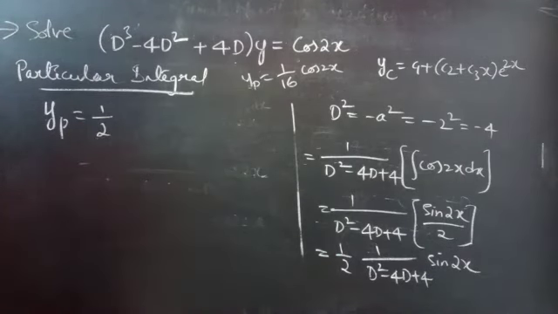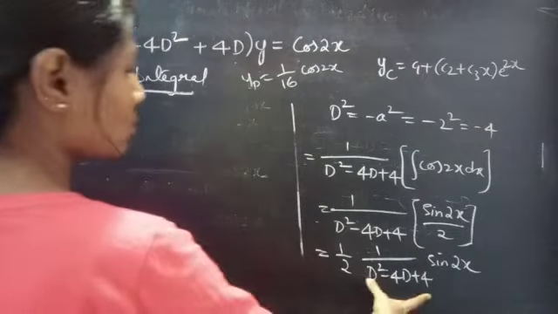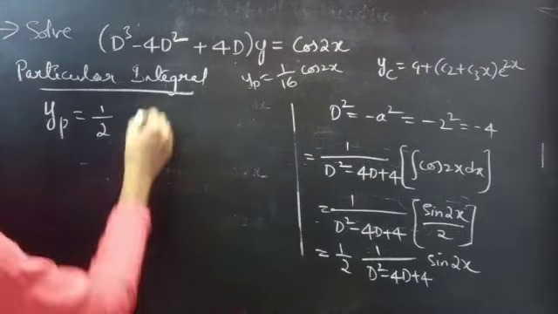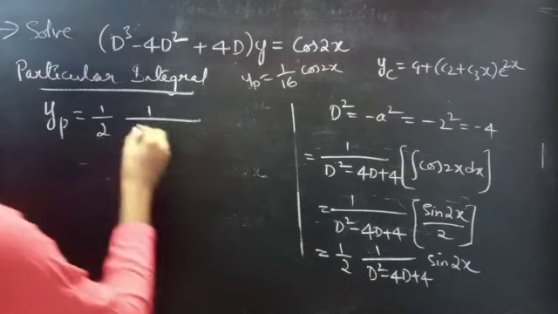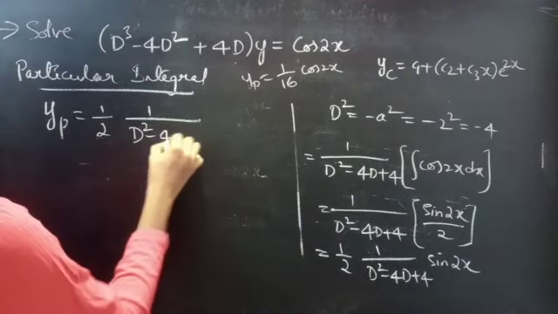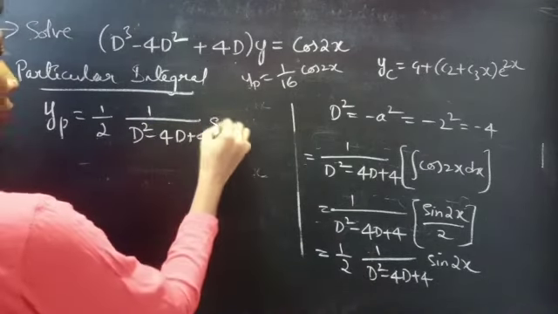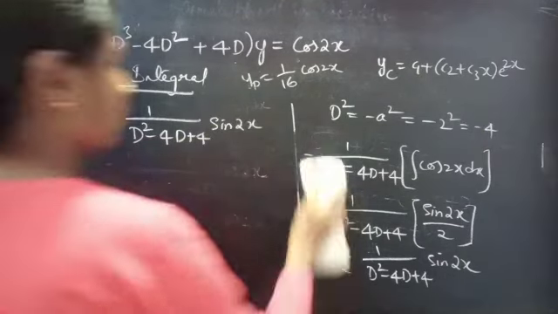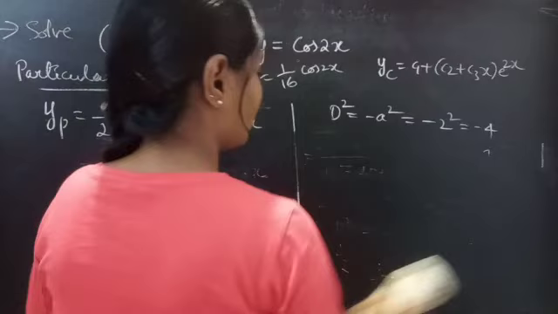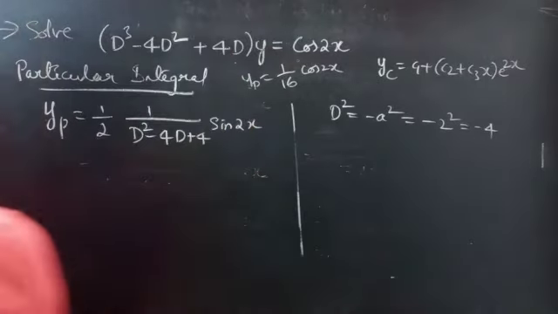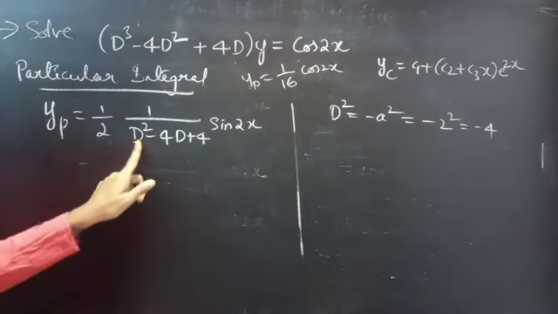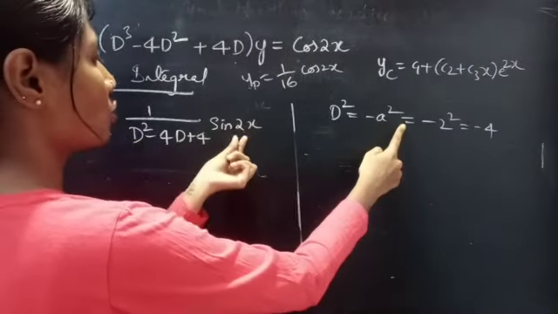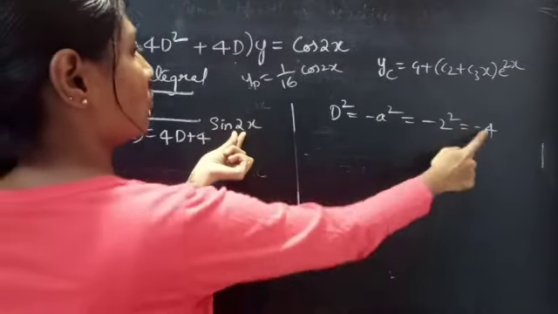which is equal to 1 by 2 into. Now let's see what happens if we replace D square by minus 4. I'm just writing the same thing. D square equals minus a square, which for a equals 2 gives minus 2 square, which is minus 4.